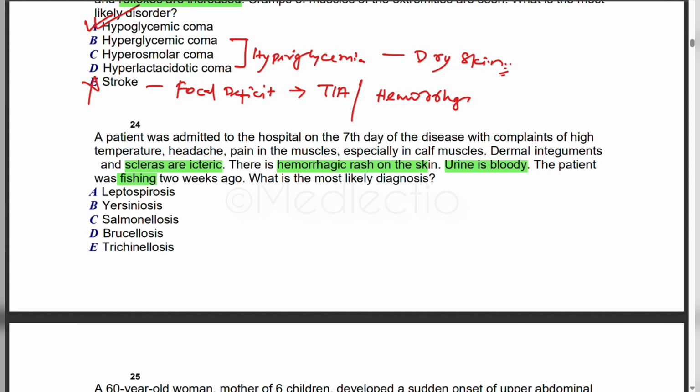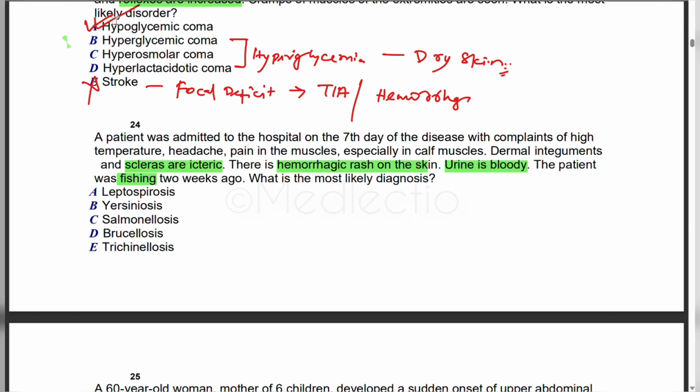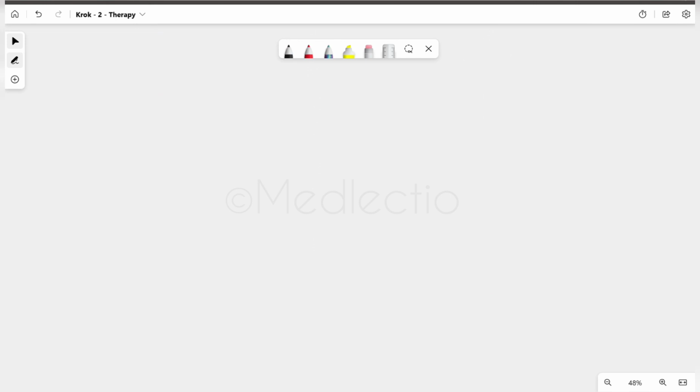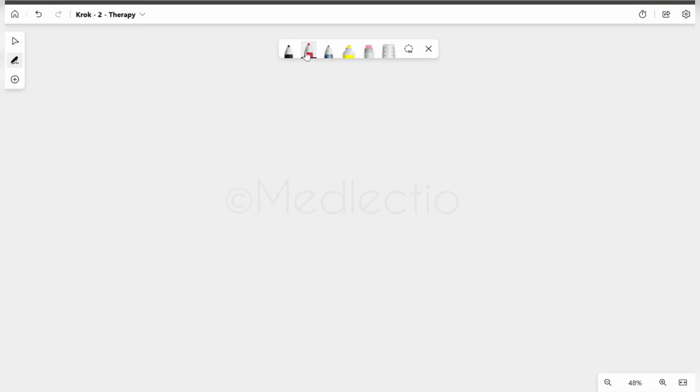So we need to know about the diseases first. What diseases do we have here? We have leptospirosis, yersiniosis, salmonellosis. Leptospirosis is the first one, yersiniosis is the second, third one is salmonellosis.